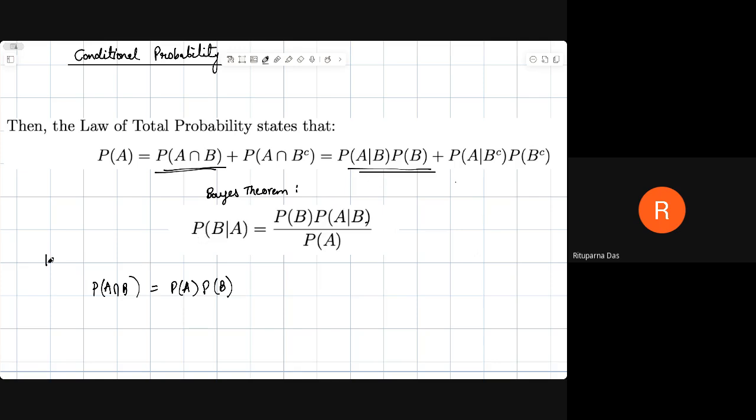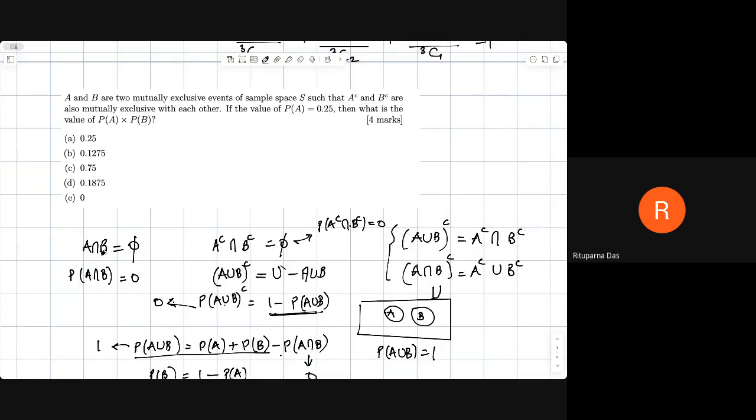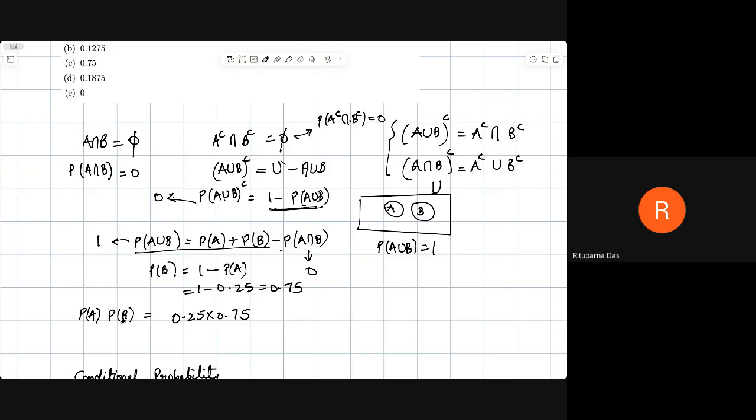But when the events are independent, then P of A will be equal to P of A given B, which is why P of A intersection B will come out as P of A into P of B. And notice that in this particular question, we had P of A intersection B as 0, and P of A and P of B were non-zero.